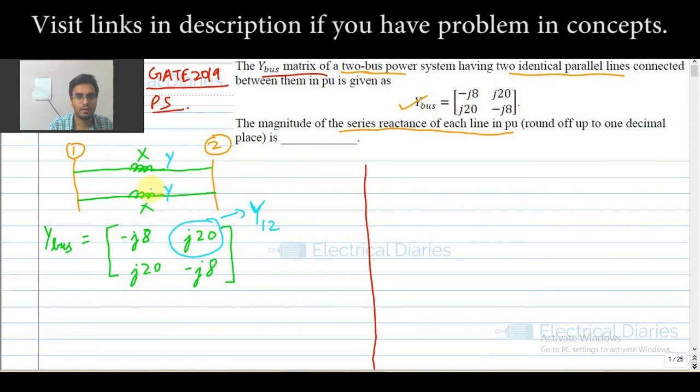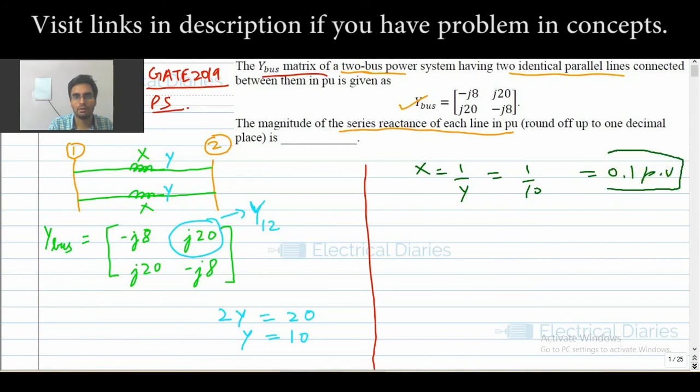So the equivalent admittance between 1 and 2 will be what? y plus y, that is 2y, and it is given to us as J20. I will compare only the magnitudes. So my y is equal to 10 and then my x will come out to be 1 by y, that is 1 by 10, that is 0.1 per unit. Okay, so 0.1 per unit is the answer of this question.